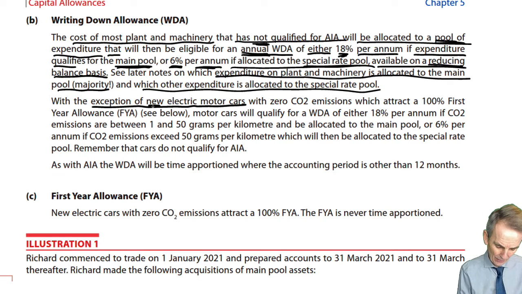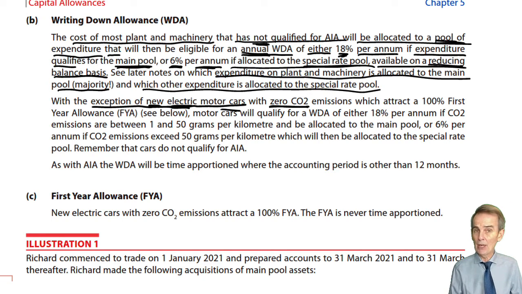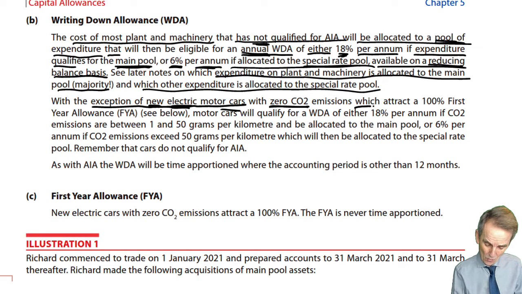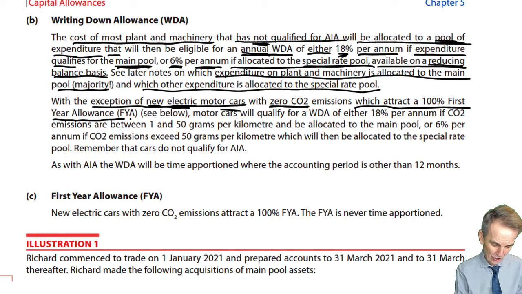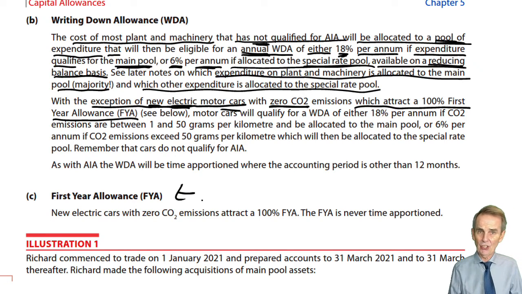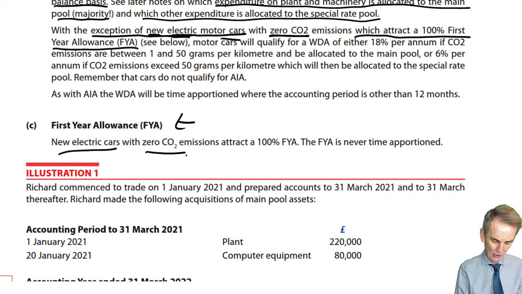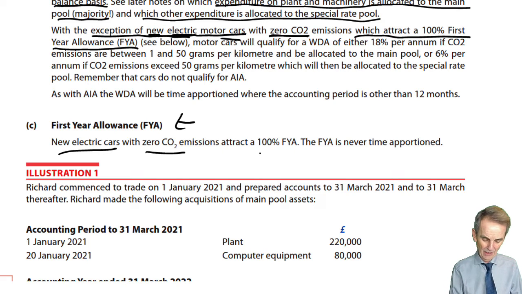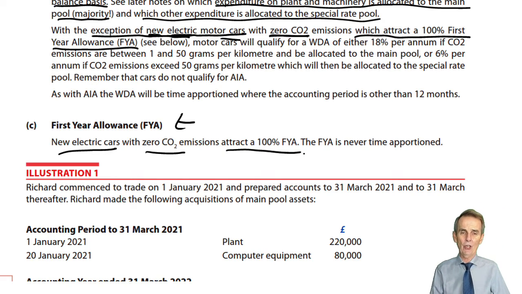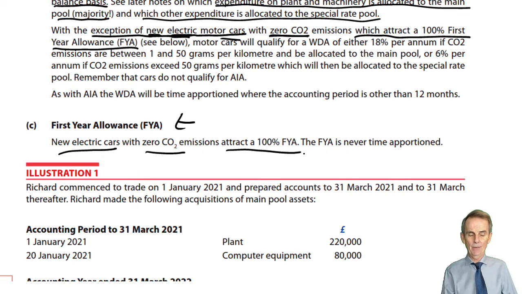With the exception of new electric cars with zero CO2 emissions, they are perfectly clean, which attract 100% first year allowance. That's the third of the three types of allowance that we see. Here, this third one, first year allowance: new electric cars with zero CO2 emissions attract a 100% first year allowance, a one-off first year allowance, in the first accounting period, the accounting period in which it is purchased.